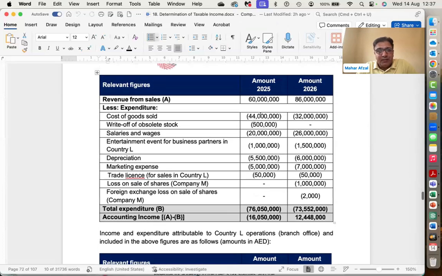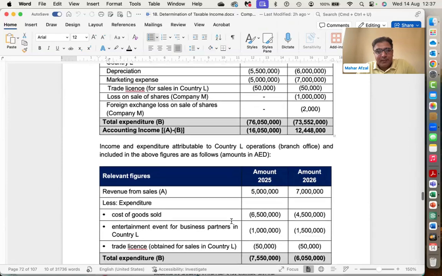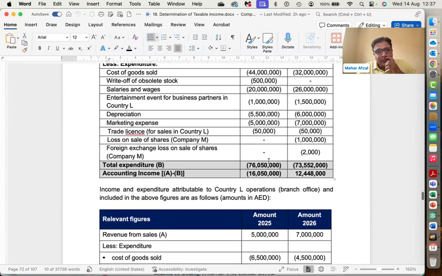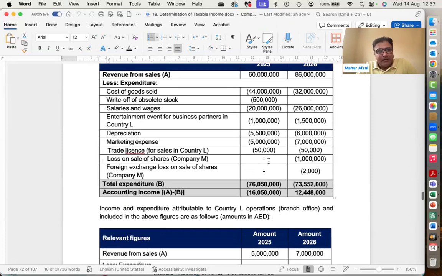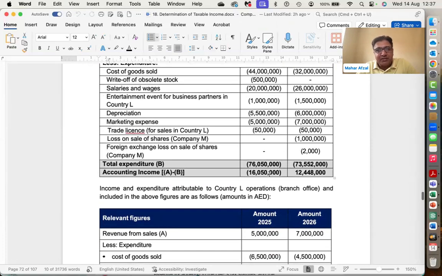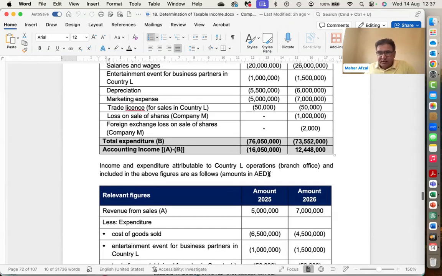So this is again the profit and loss account 25-26. This is a loss, by the way, and this includes the branch impact as well. So we need to eliminate the branch income and branch expenses because we have taken the exemption. Loss is 16050. This is my loss.